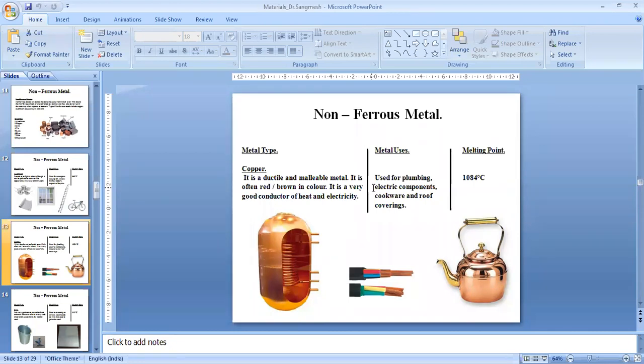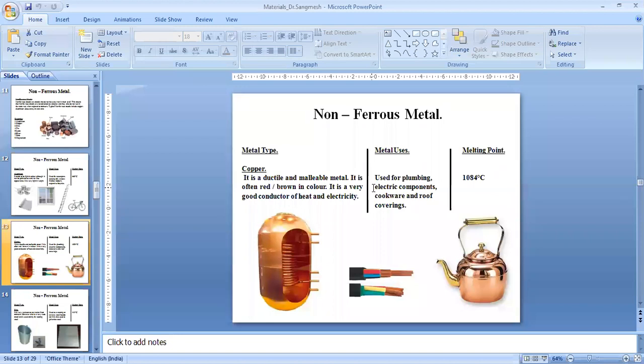Often it is red or brown in color. Of course, it is a very good conductor for both heat and electricity. We have seen that all electric wires and cables are made with copper.